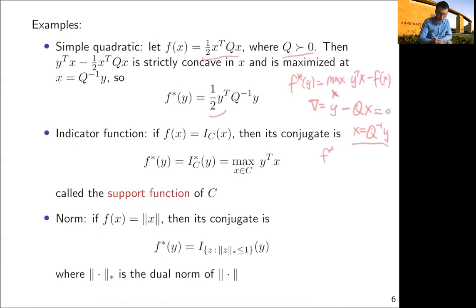So f star of y is equal to y transpose Q inverse y minus y transpose Q inverse transpose Q Q inverse y. Since Q is symmetric, its inverse is also symmetric, so having the transpose or not doesn't really matter. You can cancel these out, and that gives minus half of y transpose Q inverse y.